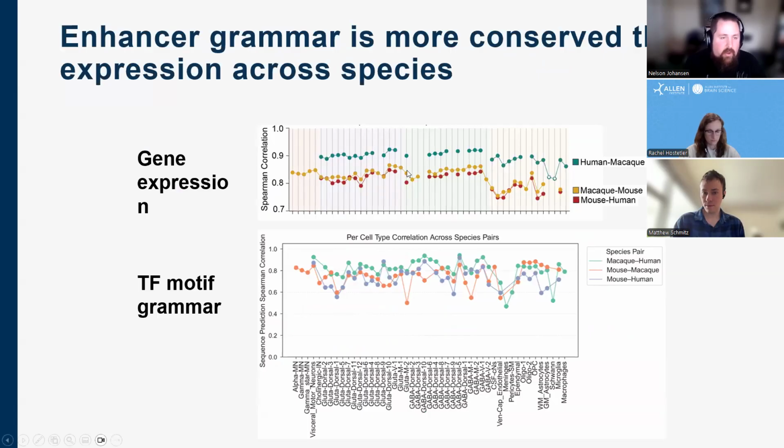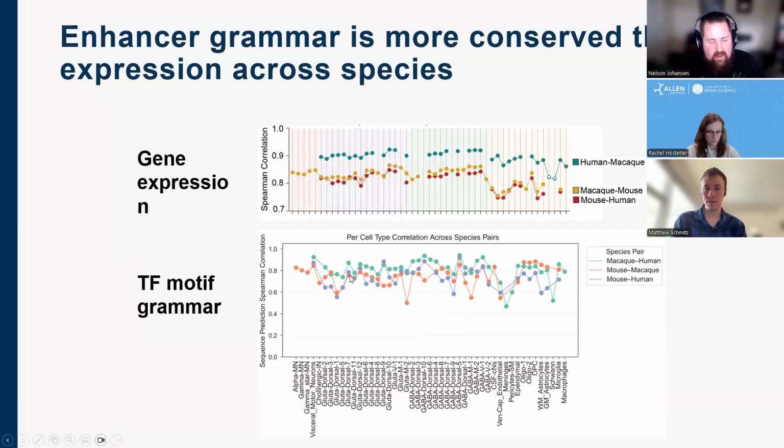So with these models, we can also ask the question, how similar are species in their expression and ATAC space? On the top here is the similarity of species pairs based on RNA-seq expression, so gene expression.